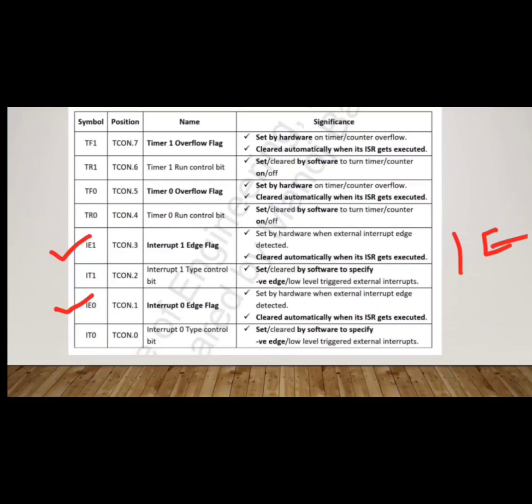It is set by hardware when an external interrupt edge is detected, and it is cleared when the ISR gets executed. When the external interrupt is edge triggered, for interrupt 1 it is set. When the external interrupt 0 is edge triggered, it will be set. It will be reset when the ISR is completed.